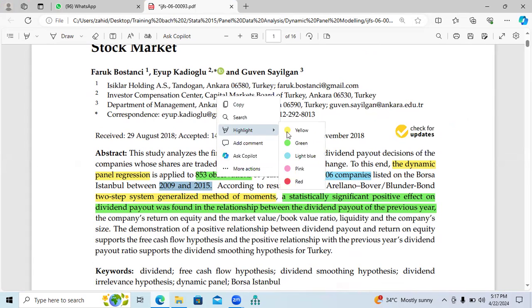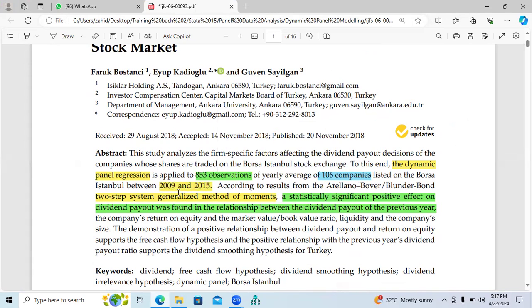The time period starts from 2009 and ends in 2015. So if I simplify, we have N equal to 106, which means number of companies, and T equal to 6, since the data starts in 2009 and ends in 2015, which is 6-year data. So here N is greater than T.